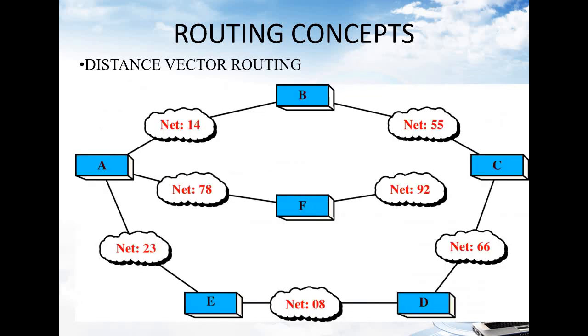So this is the diagram. The networks are 14, 78, 23. Router A has neighbor B with network ID 14, neighbor F with network ID 78, and neighbor E with network ID 23.